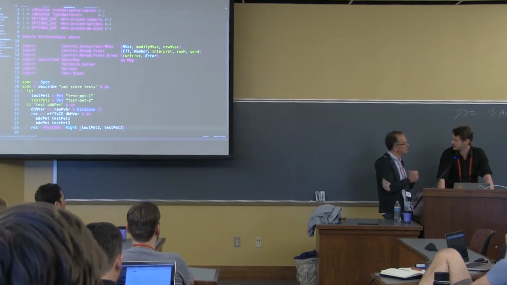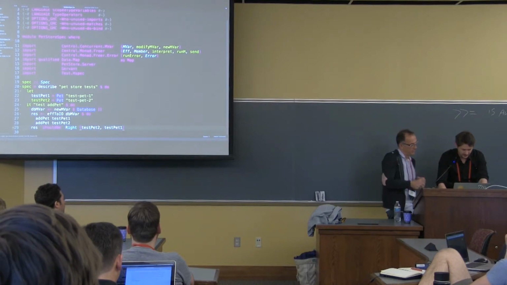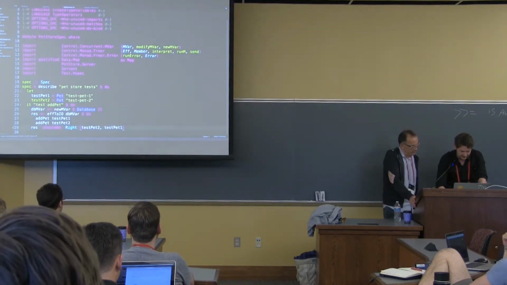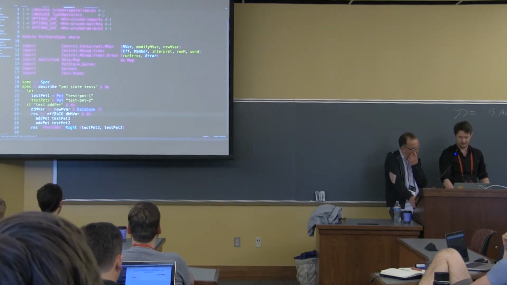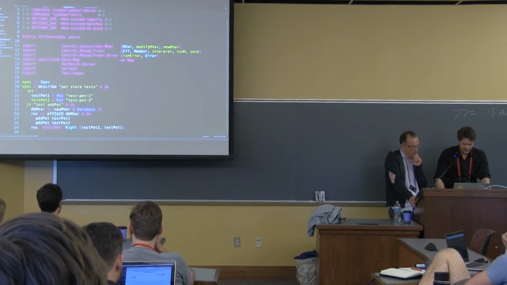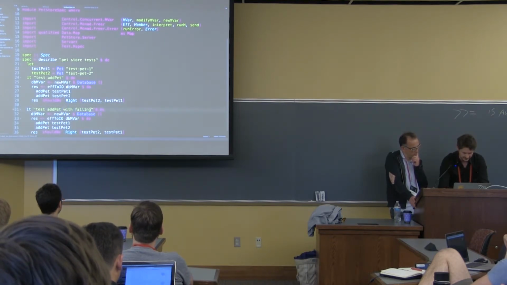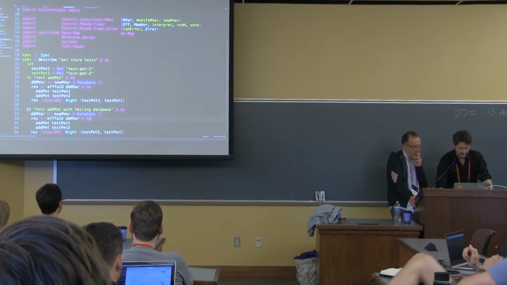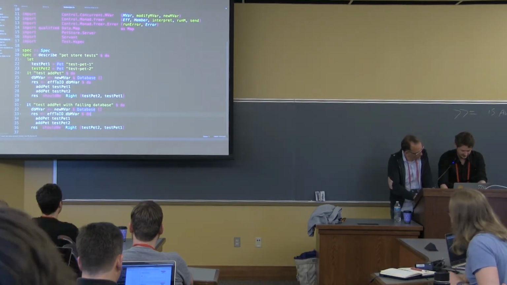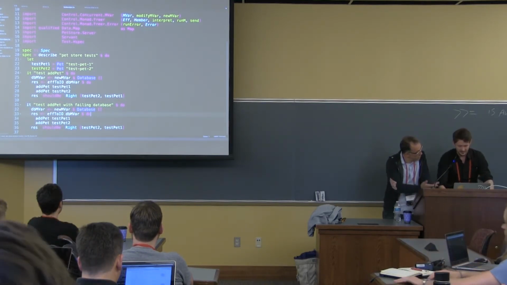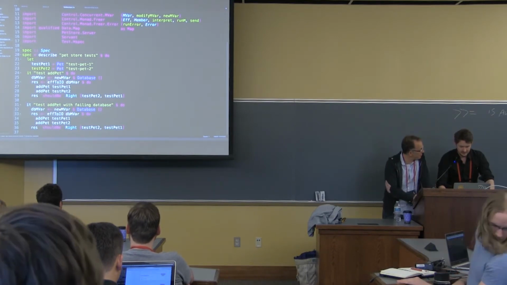You mean a handler? Yes. So far in our test, we just used the effect stack from our production system. Let's make a second test, add pet with failing database. Now we don't need the MVar database.